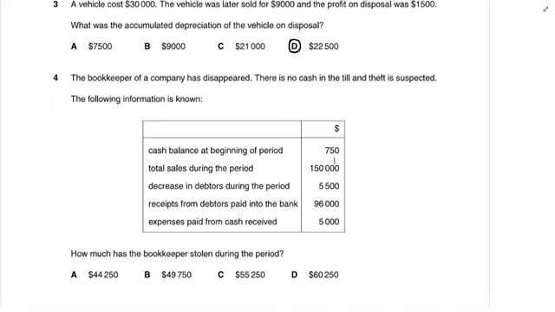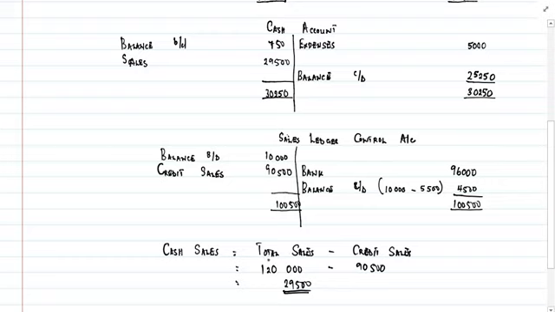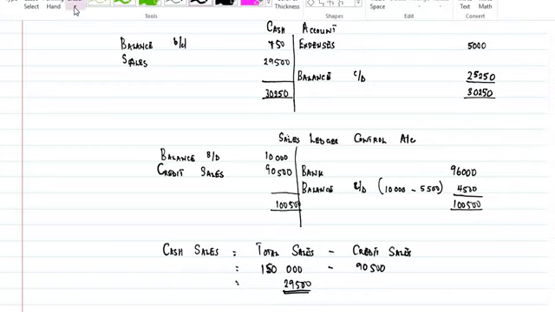Yeah, I've seen it. I think where I've put 120 here, it's supposed to be 150,000 instead of 120. Sorry for that. Right, so this is supposed to be 59,500. Let me erase that one.